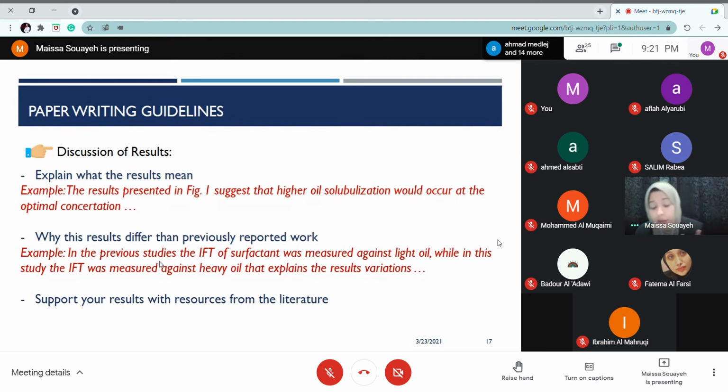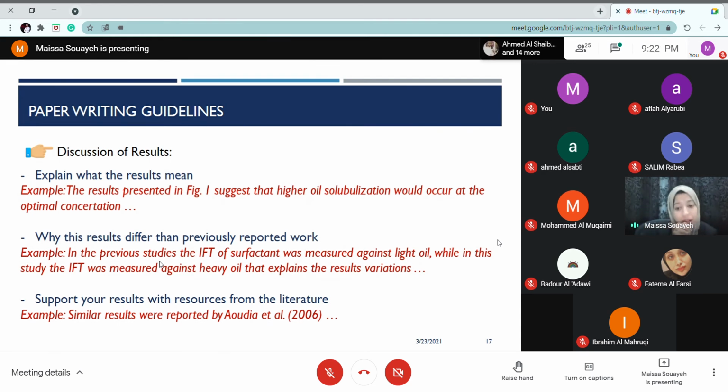So if you want to support your results with the literature, you can try something like this. You say similar results were reported, for example, by Audia et al. As simple as this. This is how you always go.